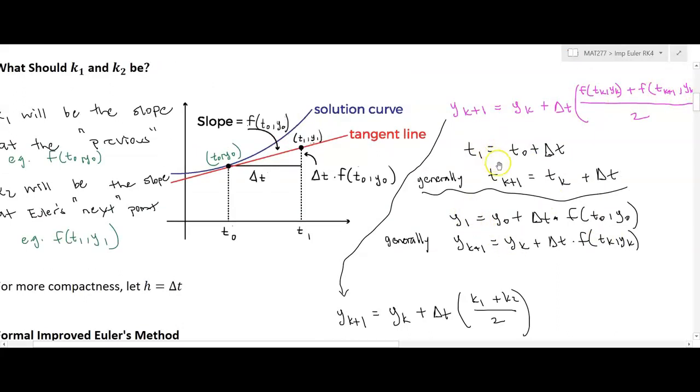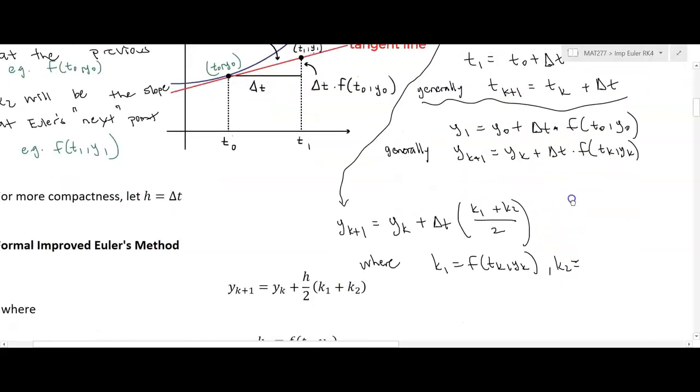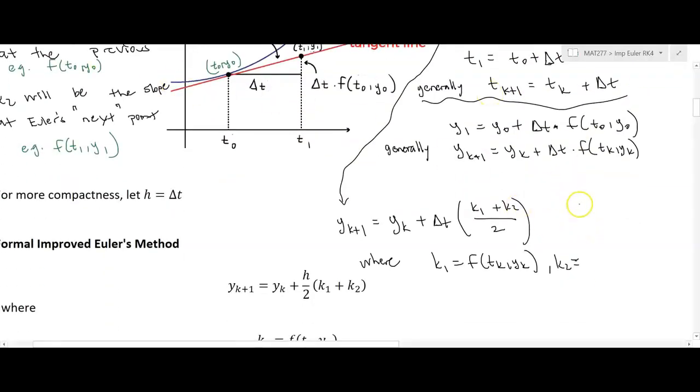But now I can rewrite t sub k plus 1 and y sub k plus 1 in terms of t sub k and y sub k. And don't worry, this will make a lot more sense whenever we look at an example of it. So t sub k plus 1 is t sub k plus delta t. Y sub k plus 1 is y sub k plus delta t times f of t sub k, y sub k.